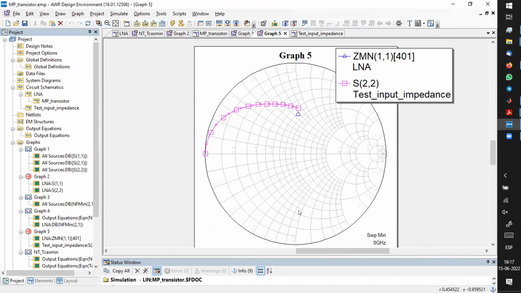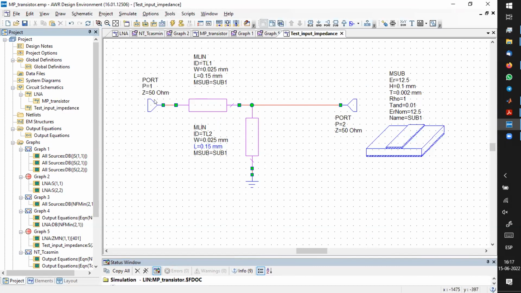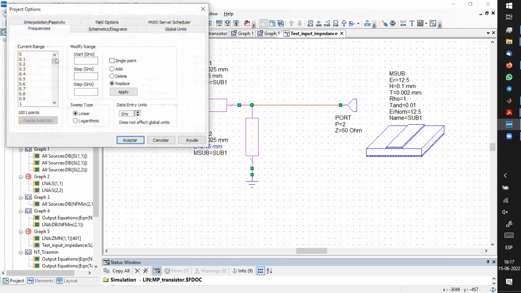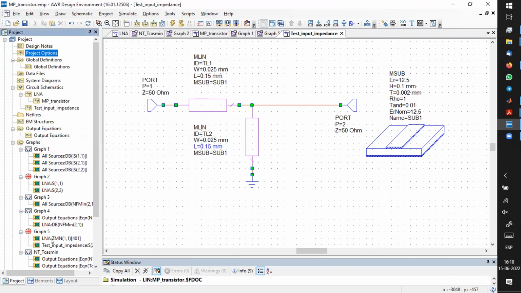It should start. Is it the frequency sweep or sweep of that length of the line? Okay, that makes sense. That makes sense. So I would like to see it at 40 gigahertz.